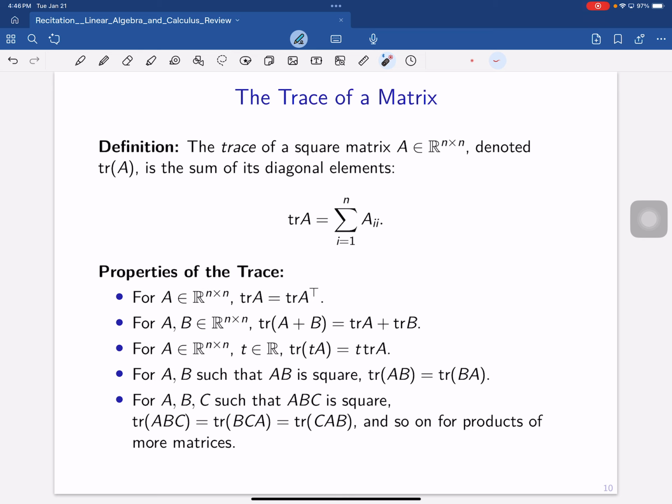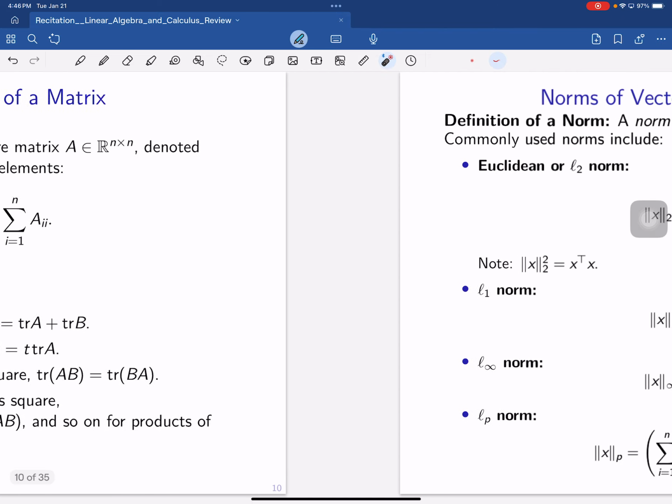And similarly, if A, B, C are three matrices, you could rotate their sequence, right? You could change the sequence of their multiplication if you are calculating their trace. Okay, and then you will see some applications of trace in optimization, especially when we talk about semi-definite programming.